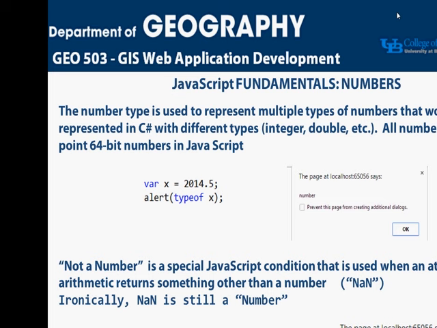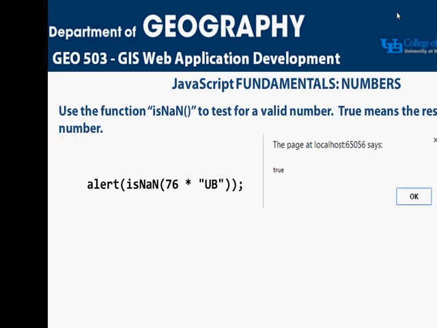Obviously, that's not possible. So I can see if a variable is NaN, and then if it is NaN, act accordingly. To do that, there's a function in JavaScript, isNaN. Lowercase is, and then NaN with two capital N's.